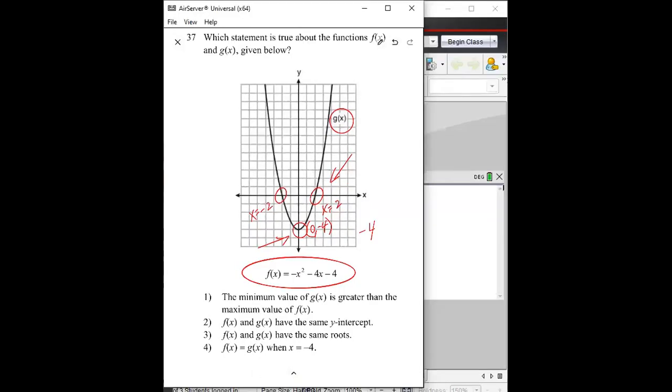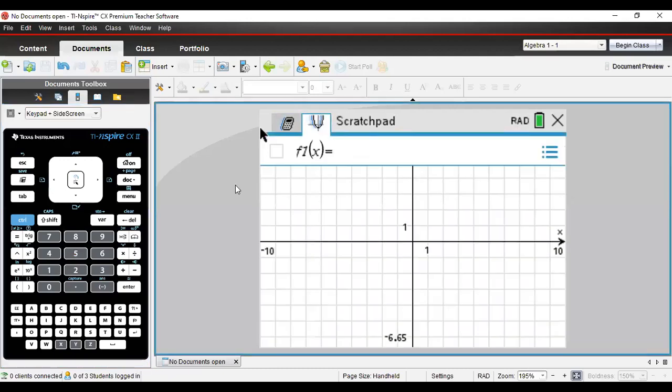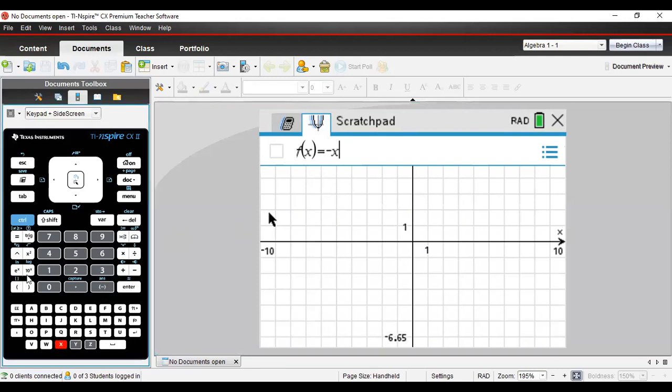So let's get the calculator pulled up here. I'm going to make this f of x, and then I'm just going to enter the function, negative x squared minus 4x minus 4.